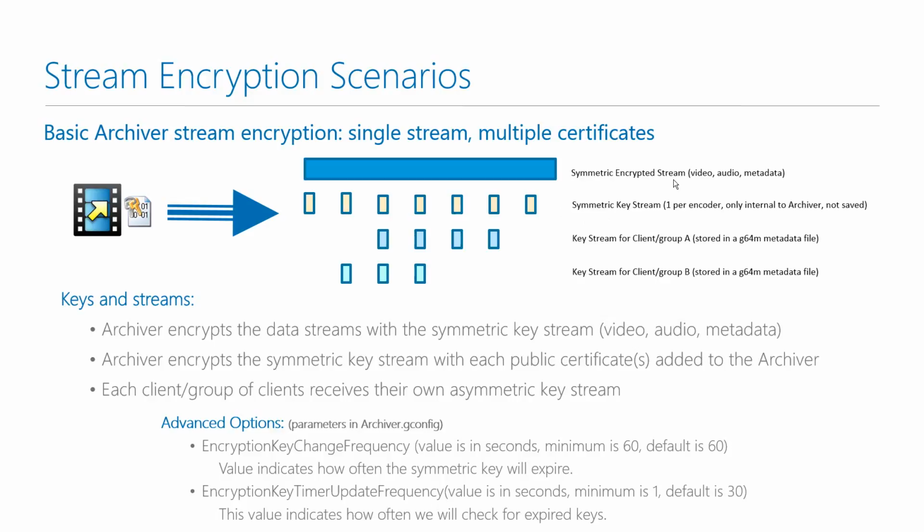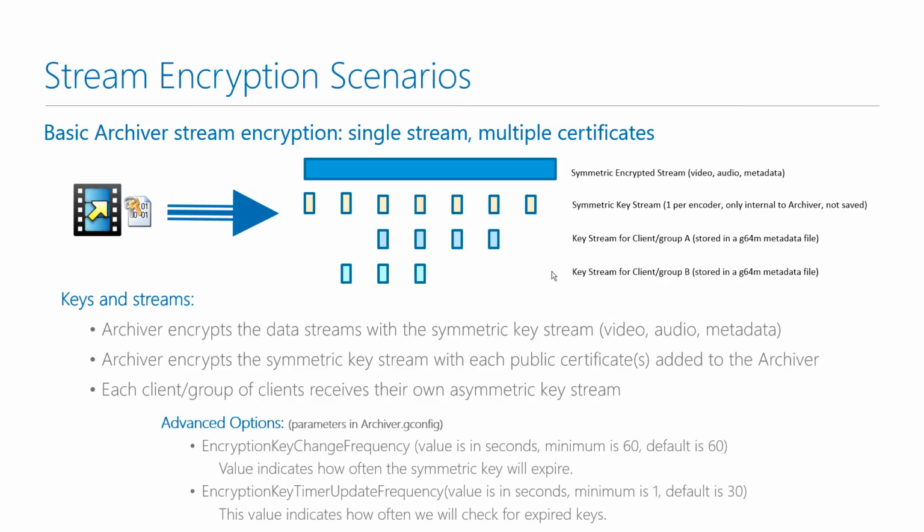So it's taking the video stream, using the symmetric key on it and creating this stream. I mentioned in the example before we were using video, but we can use audio or metadata as well. And then what happens, this is our asymmetric encryption here, where the key stream that's being generated is having the public key of the certificate installed on the symmetric key stream.